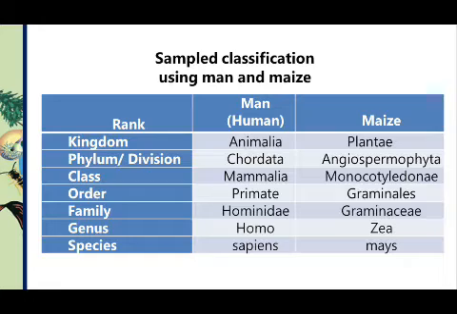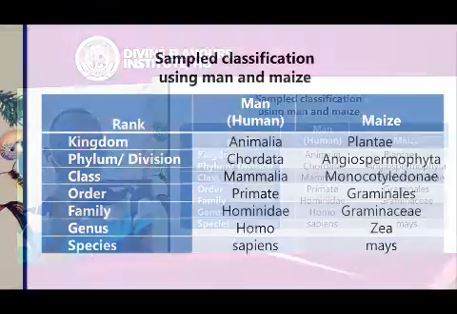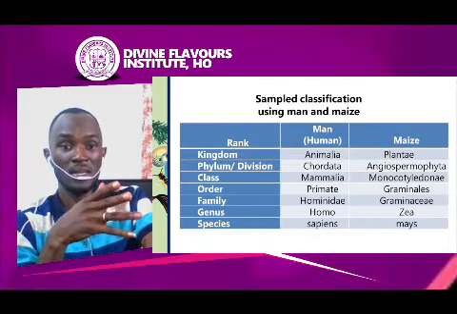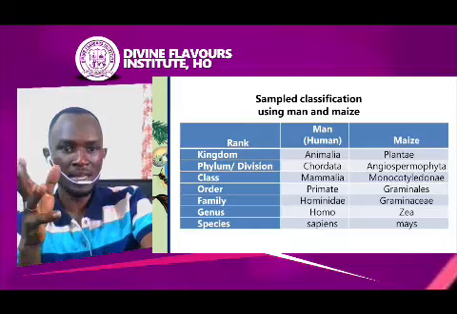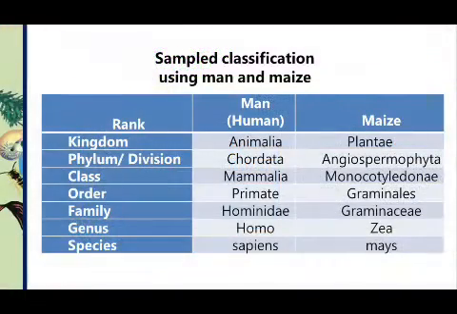All right. So we want to use the human and then an example in plants. Using the ranking, we can start from the kingdom, and the name of the kingdom is Animalia in human, but it is Plantae in maize.